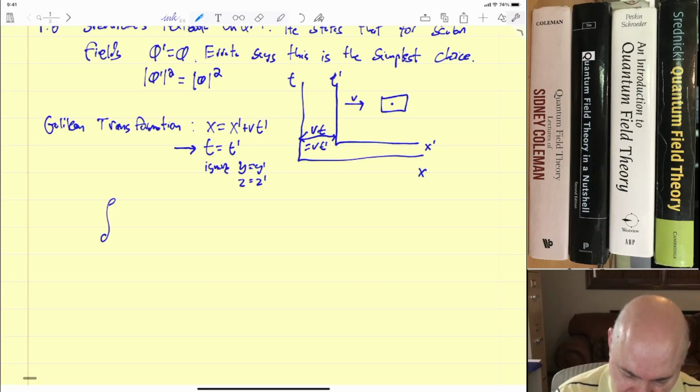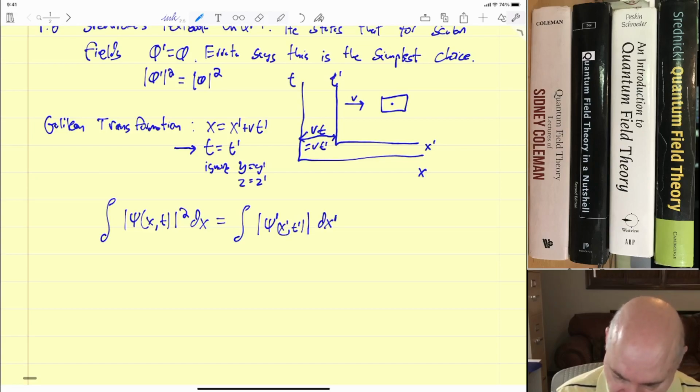So we want to show that the integral of the absolute value of psi of x comma t squared dx is equal to the integral of the absolute value of psi prime of x prime comma t prime squared dx prime. In other words, we want the probabilities to be the same.